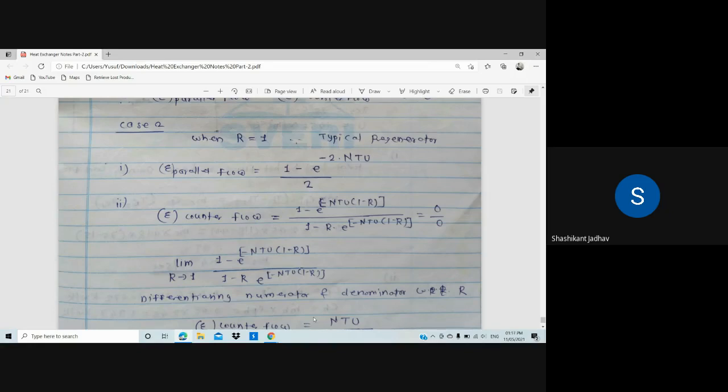Okay. So we have to put the value of R equal to 1 in the equation of the effectiveness of the parallel flow heat exchanger. By putting R equal to 1, we get the equation, write it down.